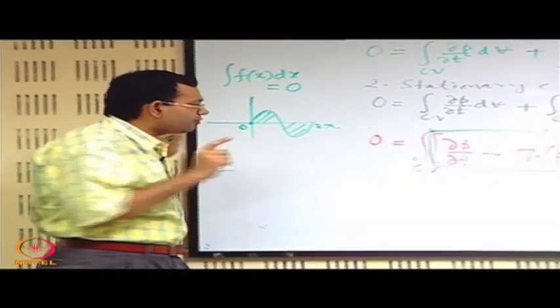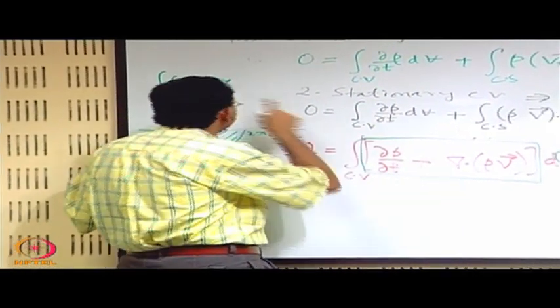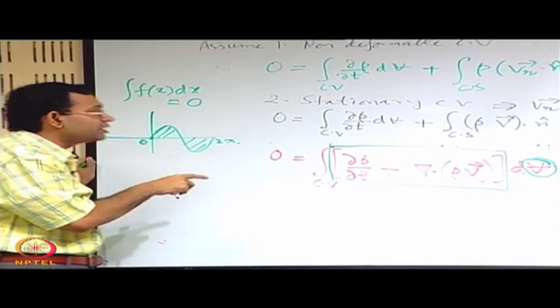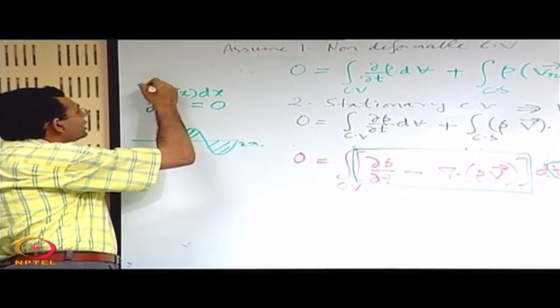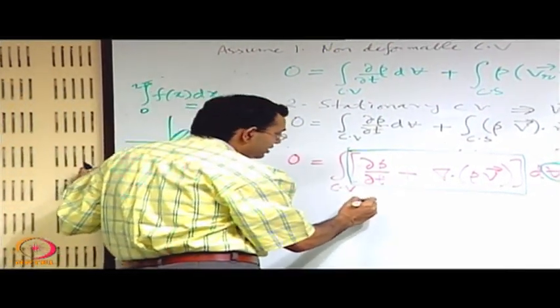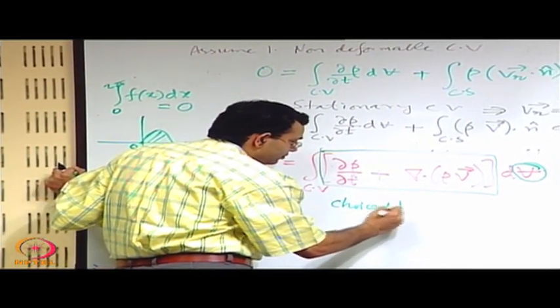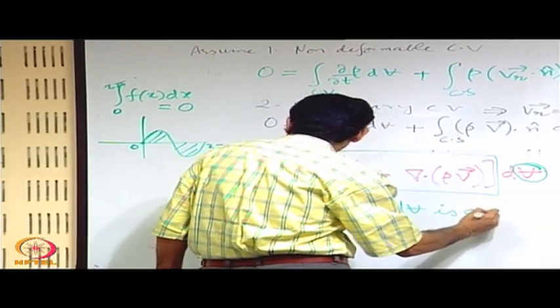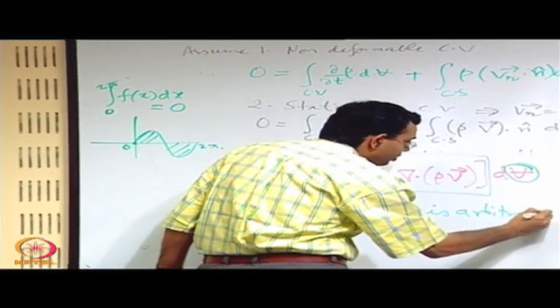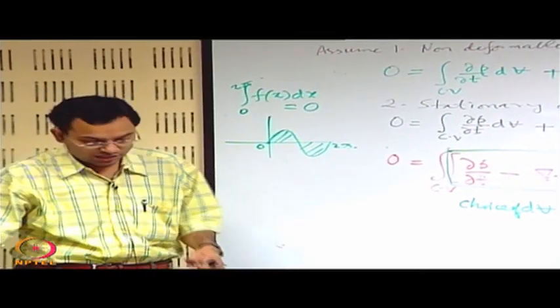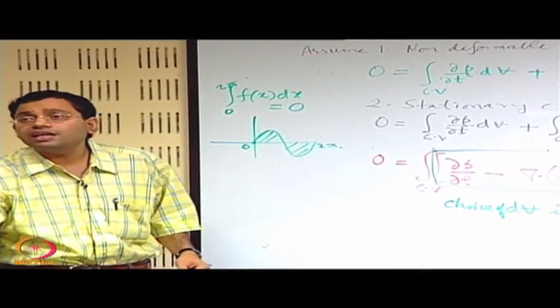So you have to keep in mind that the difference between this case and this case is one very important thing. Here this dx is really restricted with the limits, maybe 0 to 2 pi, but here this choice of dV is arbitrary. That is a very important thing. Since the choice of dV is arbitrary, where does it land up?